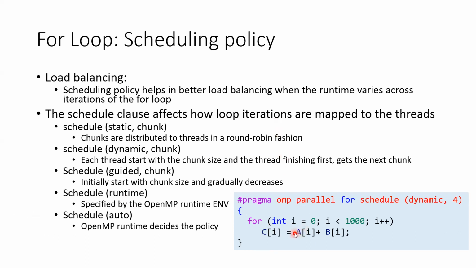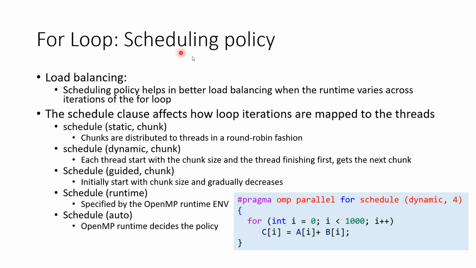But if some f of x takes more time than f of y, where x and y are iterations of the for loop, and you assign tasks so that only one thread is spending a lot of time and few threads are spending very little time, you will have load imbalanced execution.